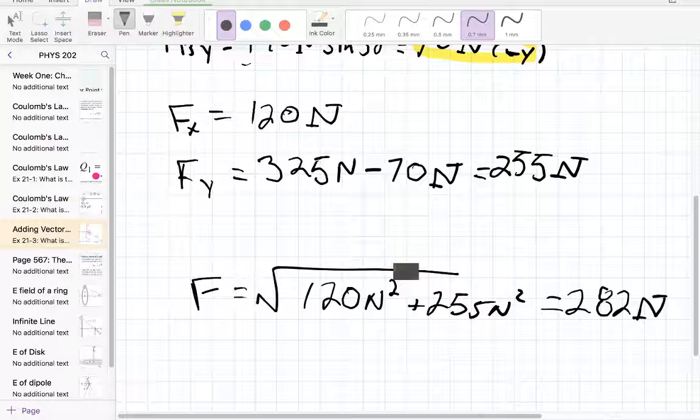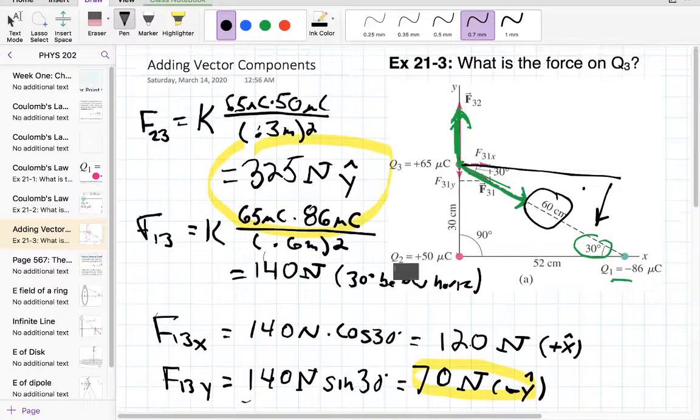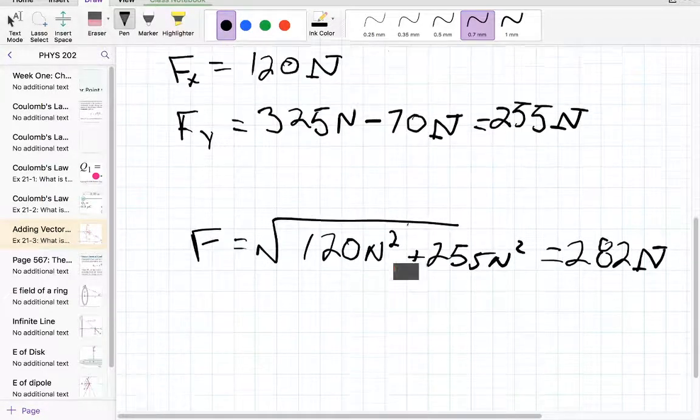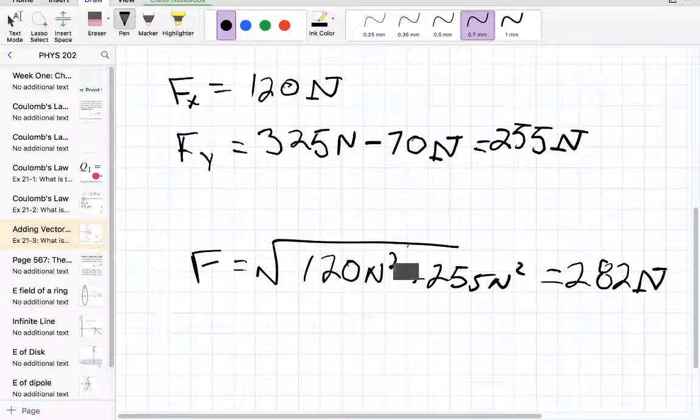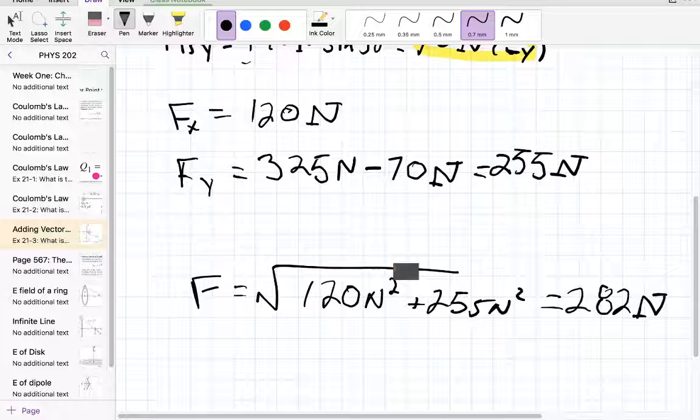One last step that we would need if we wanted to get a complete answer to this problem is to find the angle of the resultant force. We can do that, I suppose. What are the components? The components are 120 newtons in the positive x direction and 255 newtons in the positive y direction.